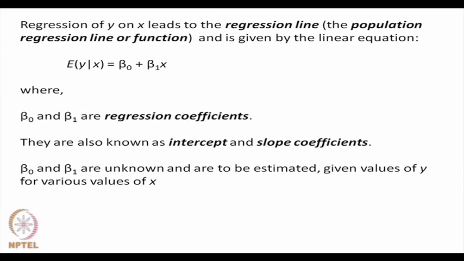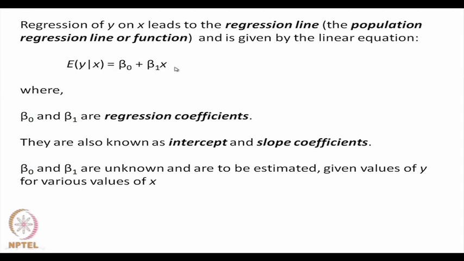Regression of a variable y on x, y is the dependent variable and x is the independent variable, leads to what is known as the regression line and is given by the linear equation E(y given x) equals beta 0 plus beta 1 x. It is a linear relationship, y depends on x.